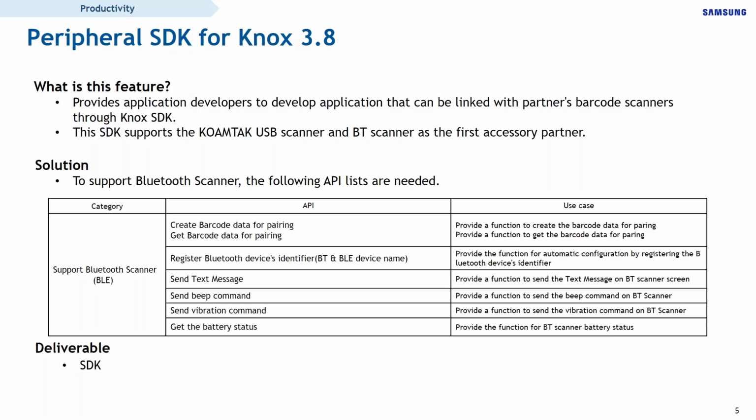For Knox 3.8, the SDK supports the QAM-TAC USB scanner and BT-Stack scanner as the first accessory partners. In order to support BT scanners, the APIs listed below are needed. For the complete documentation on available peripheral features, you may refer to the peripheral section of the Knox SDK for ISVs, which can be found at samsungknox.com.